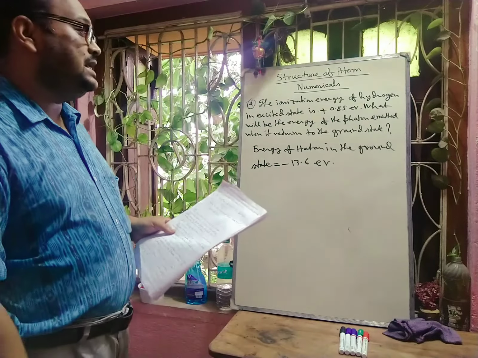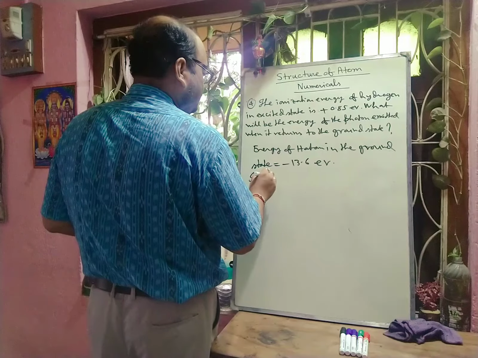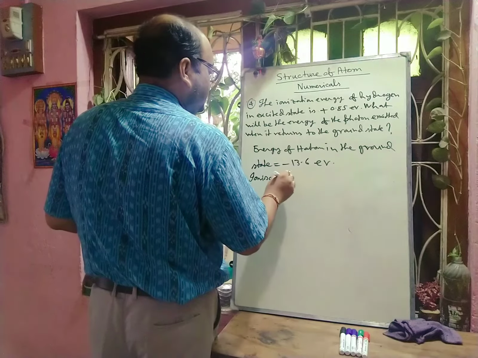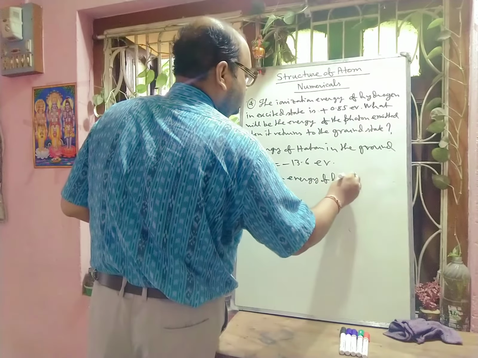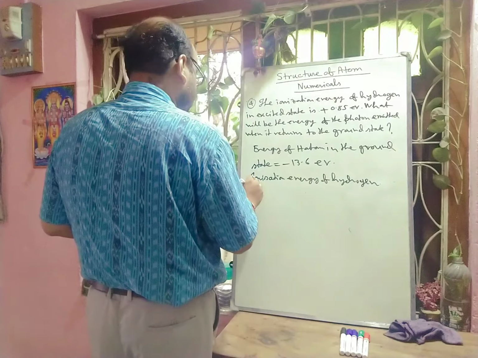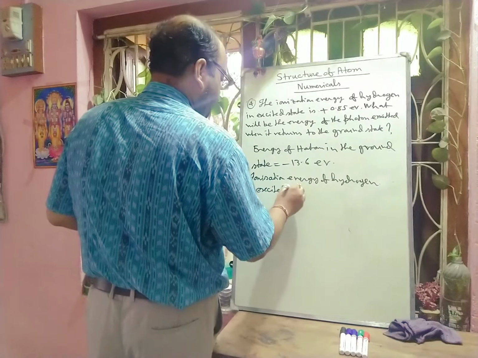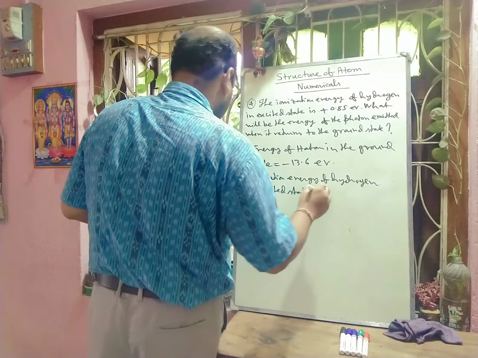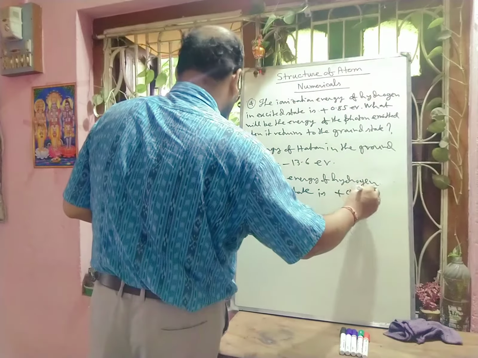Now ionization energy of hydrogen in excited state is plus 0.85 electron volt.